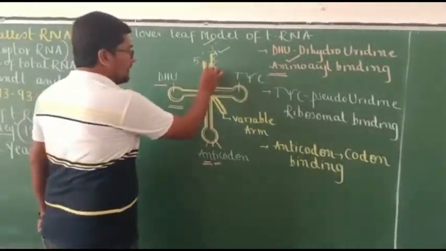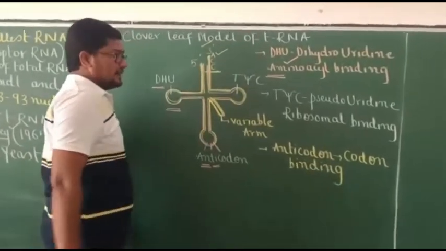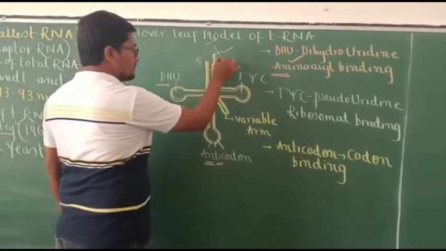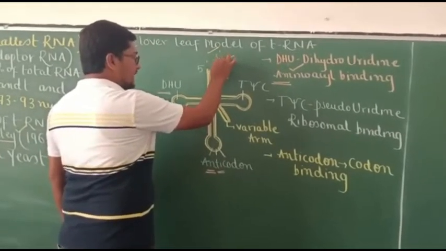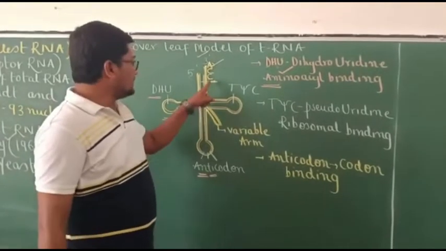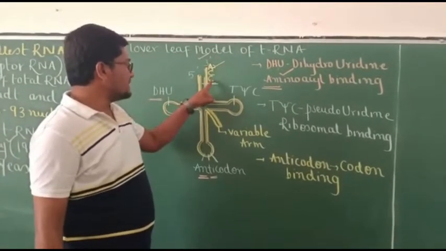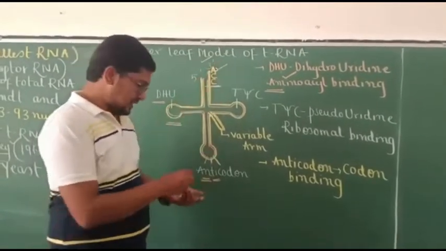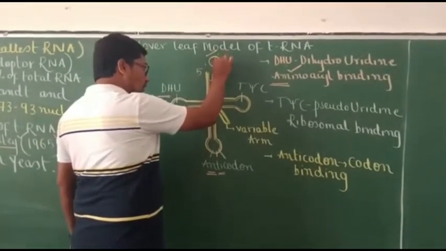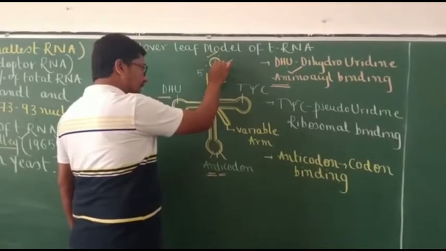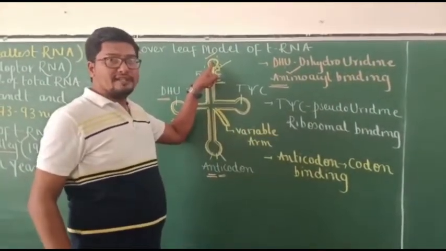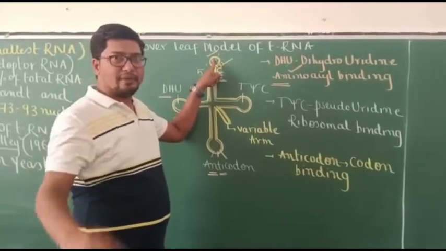Reading it 5' to 3', that is CCA. So at the 3' end of the tRNA molecule, three unpaired nucleotides, that is CCA, are present. And to this end, what binds exactly? Amino acid binds. So we can call it the acceptor arm, because it accepts the amino acid.